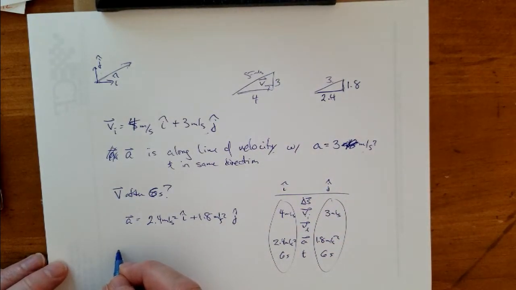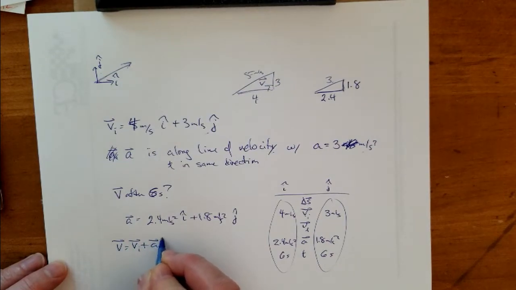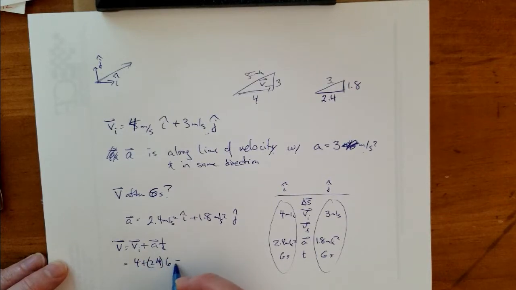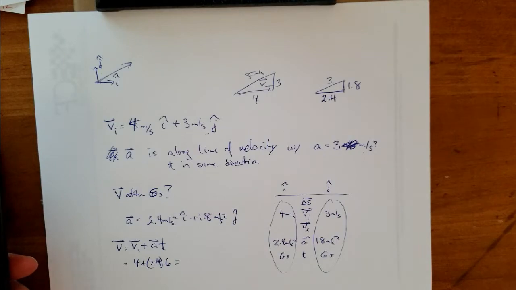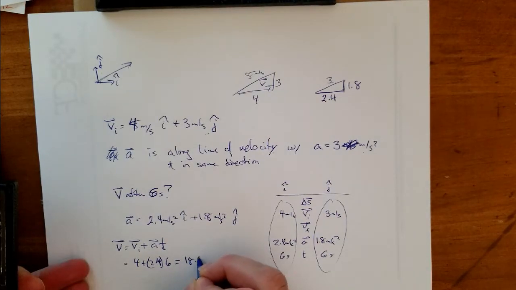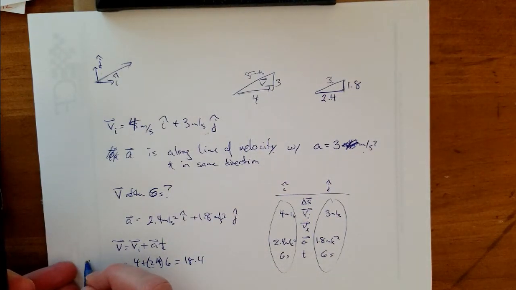And so plugging into V is equal to VI plus AT, I end up with 4 plus 2.4 times 6. They're in the same direction. I made that positive. That, of course, would be positive also. 18.4. This is for the I hat.